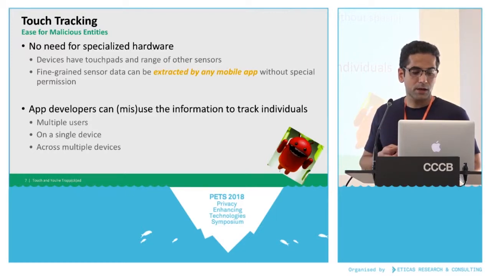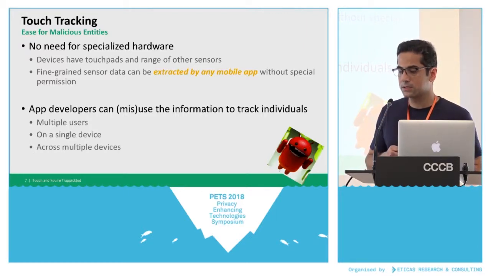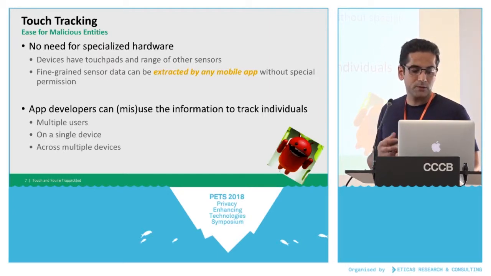One particular thing here is that apps do not require any special permissions to use the fine-grained information from these sensors. This is what could be exploited by apps to track users, as I mentioned, across multiple devices or multiple users on the same device.